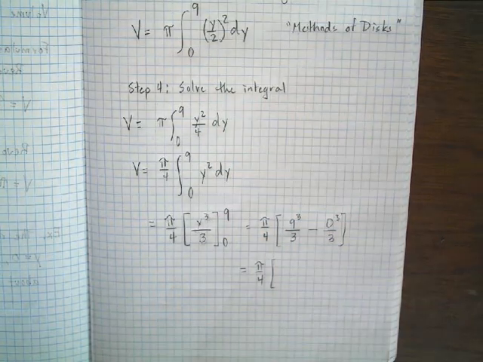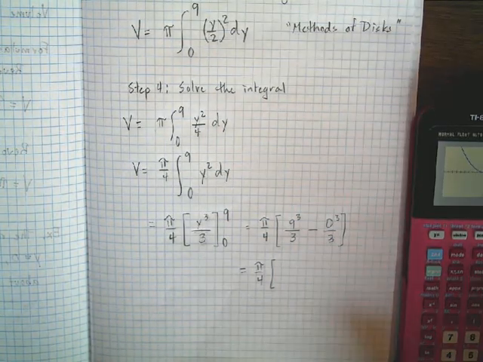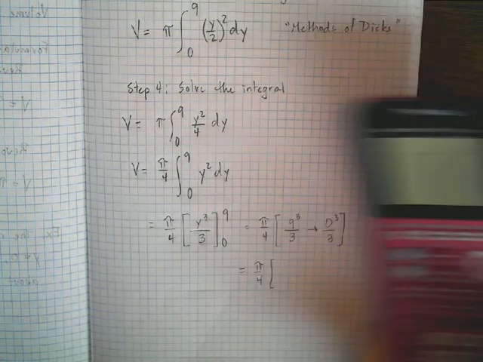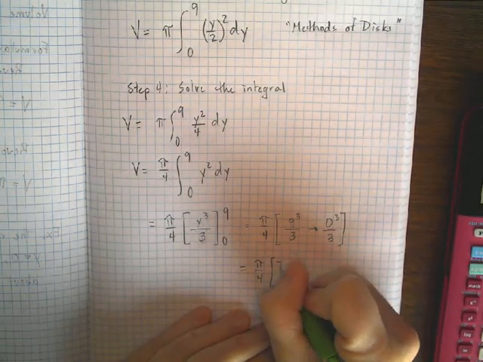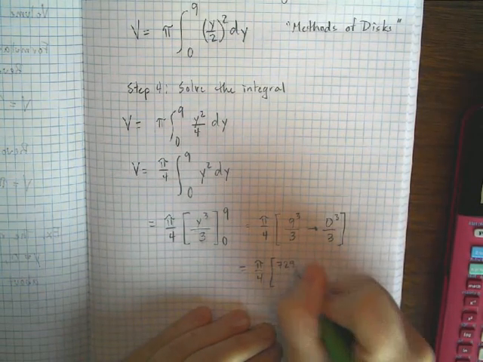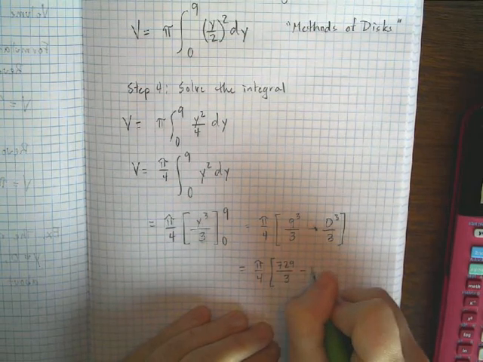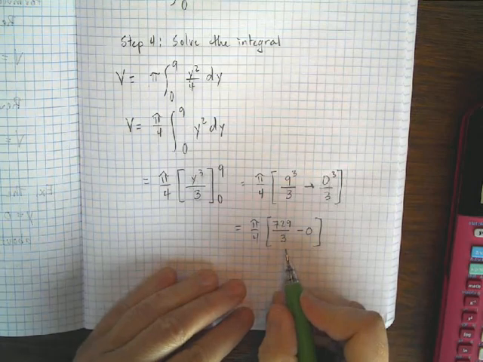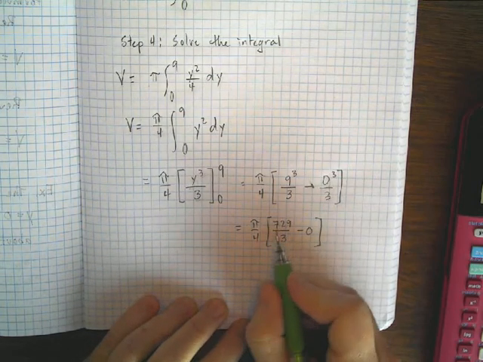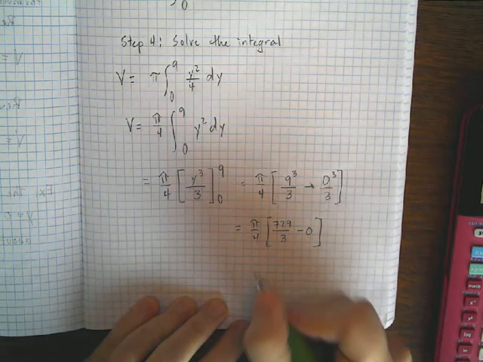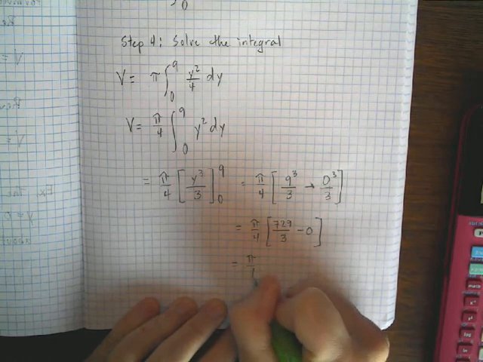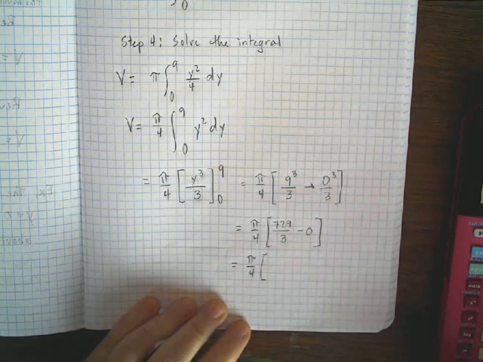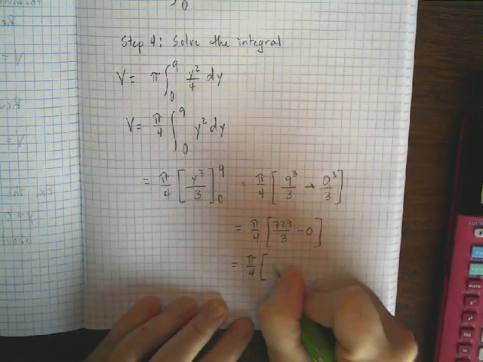Here's where I'm going to grab my calculator. 9 to the third power is 729. So I have 729 over 3 minus 0. So that's just 729 over 3, and 729 divided by 3 is 243.